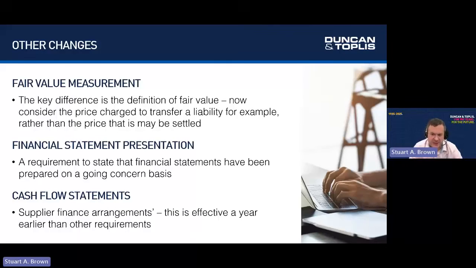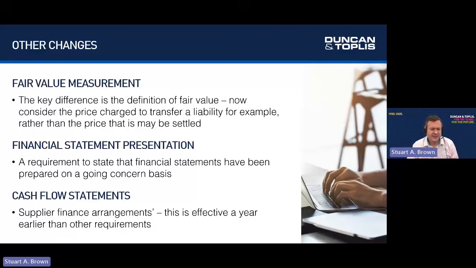It seems like a really subtle difference, but if you are obtaining valuations it is something to consider. It will now be the price charged to transfer a liability rather than the price to pay something. It's hard to even give an example of that, but the wording has changed in that area.